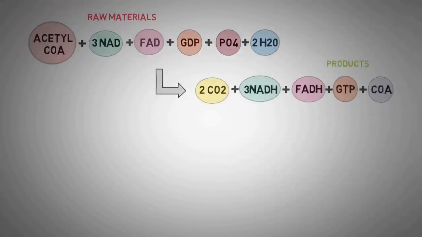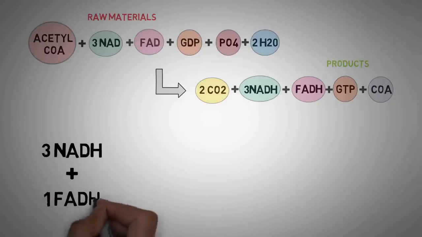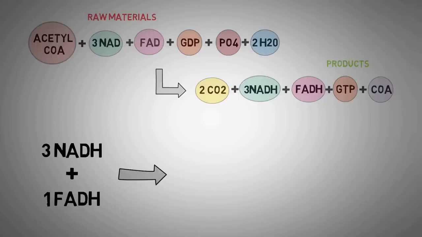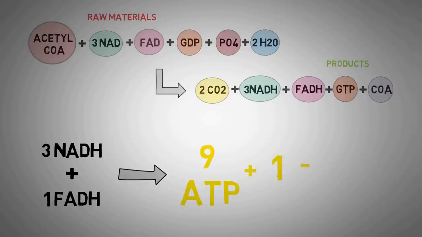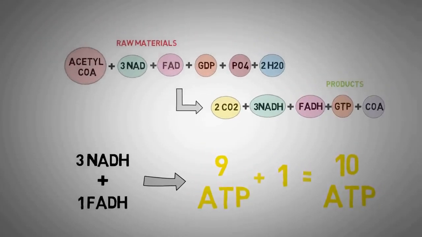Like we discussed in the summary, 3 NADH are produced through one turn of the Krebs cycle and 1 FADH. So 3 NADH and 1 FADH produce 9 ATPs in total in the electron transport chain. Plus we also have 1 ATP that is directly produced in the Krebs cycle. Actually GTP is produced in the Krebs cycle here, and this GTP is further utilized to convert an ADP to ATP directly.